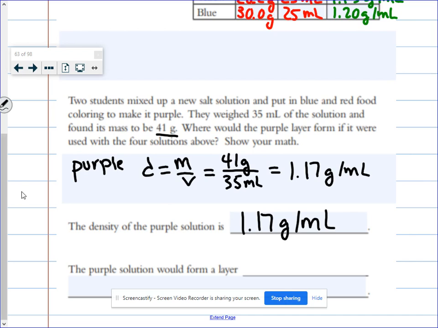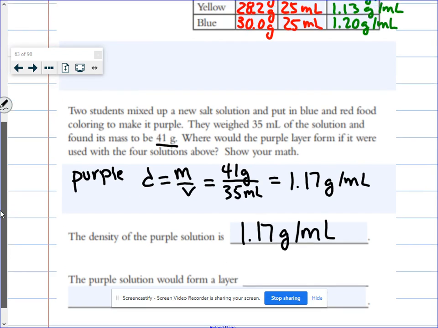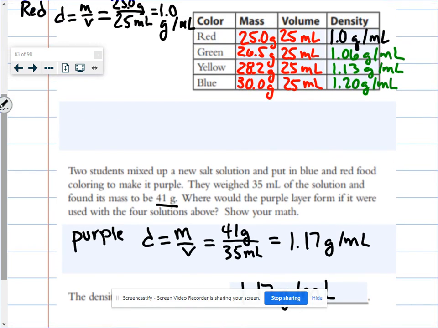Okay. And then the last question says the purple solution would form a layer. My original question says, where would the purple layer form if it were used with the 4 solutions above? Okay, so I'm looking at this 1.17. Go ahead and look at your numbers here. So you got 1.0, 1.06, it's bigger than that. 1.13, it's bigger than that. 1.20 is our blue one. It's not bigger than that one. So that tells me it should be between my blue layer and my yellow layer.